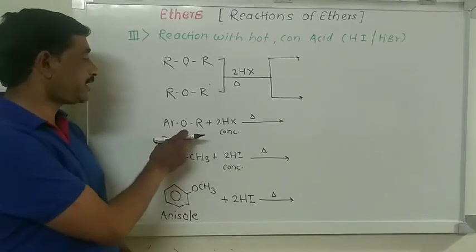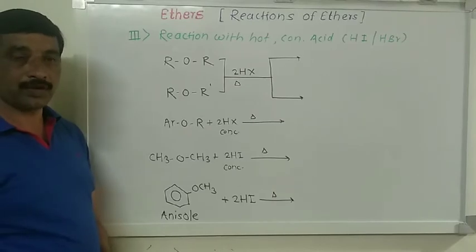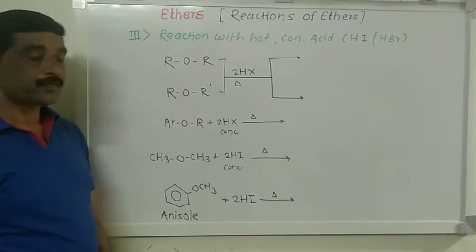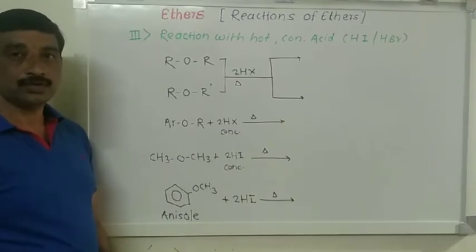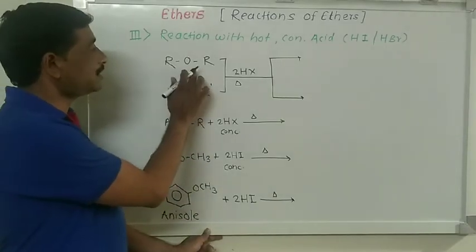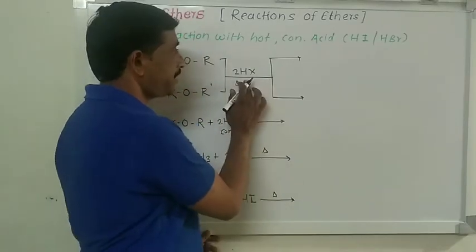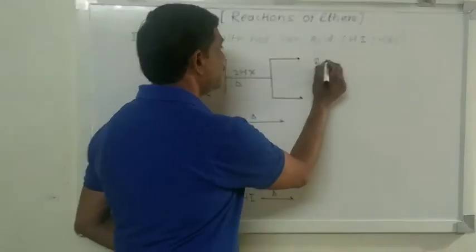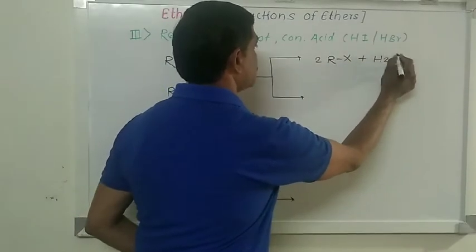But when they are reacted with ethers containing an aromatic group, that is aromatic ethers, the aromatic part of the ether is always converted into the hydroxide, that is, we get phenol and alkyl halide. So the general reaction is: a simple ether when reacted with an acid such as HBr or HI gives two molecules of the same alkyl halide.